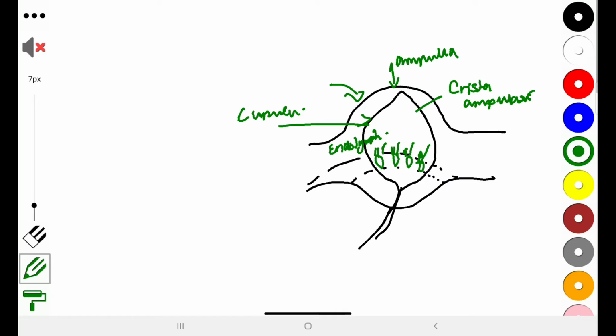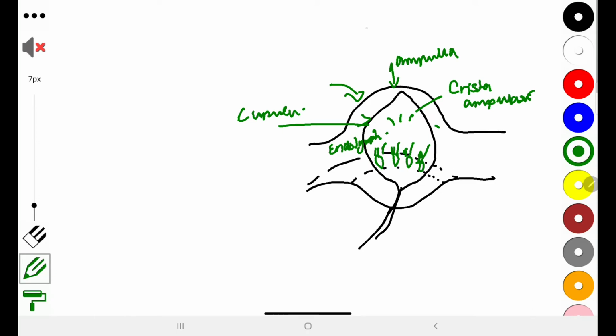Another thing you might want to know right now is that the process of hairs is embedded in the cupula, and the base of the hairs are close to, in contact with, the afferent fibers. The cupula gets deformed in a direction opposite to that during acceleration.